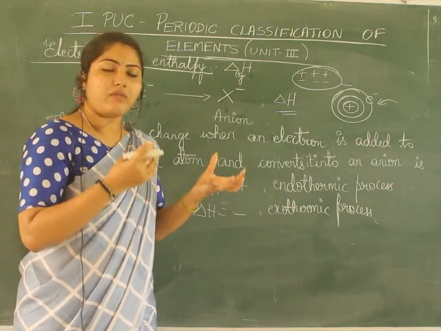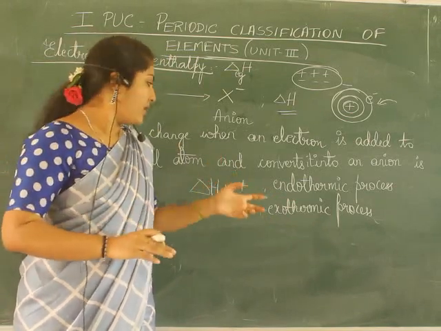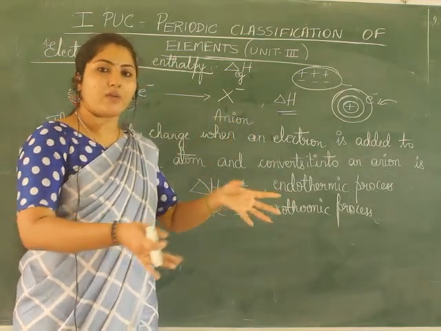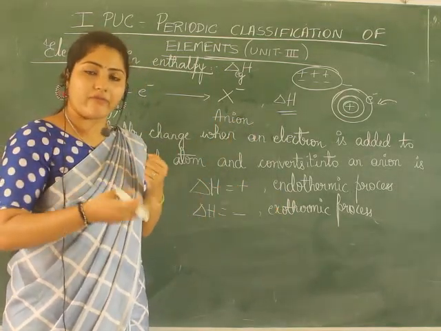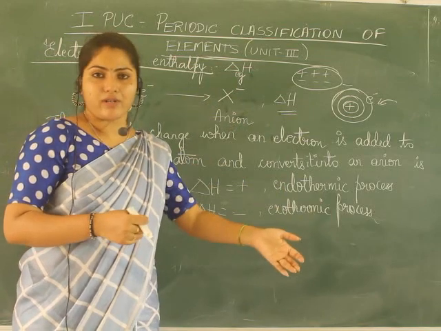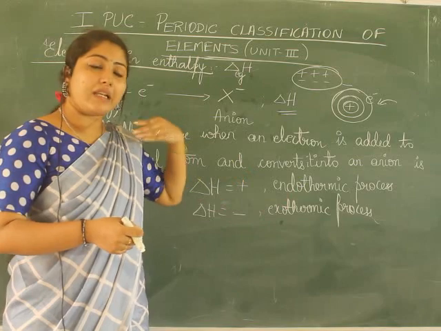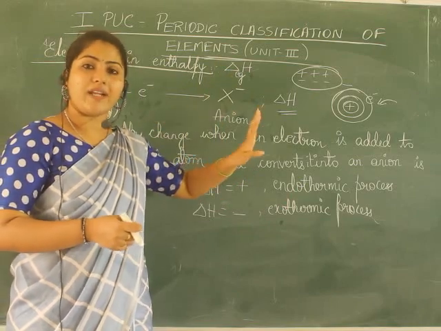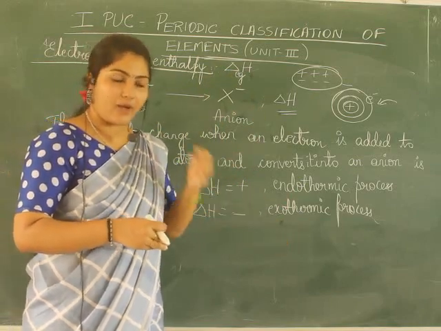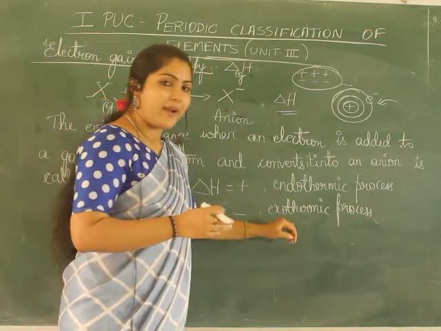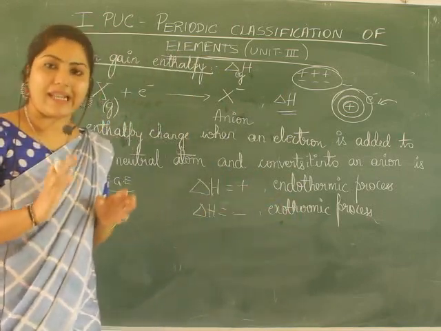The system will be absorbing heat. That means if it has to get converted into an anion, it will be pulling the heat from outside and it gets converted into an anion. Exothermic process means it is liberating heat. It is giving out heat and getting converted into an anion. So whether the process is endothermic or exothermic depends on the elements.